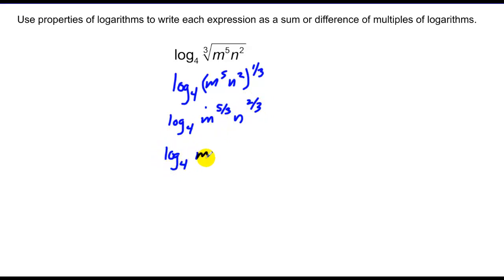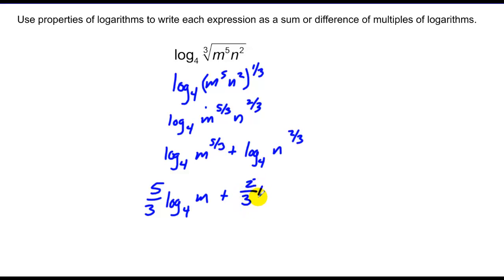Log base 4 of m to the 5/3 plus log base 4 of n to the 2/3, and then bring my exponents out in front, so that's 5/3 times the log base 4 of m plus 2/3 times the log base 4 of n.